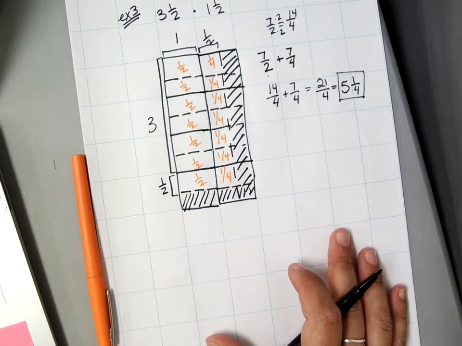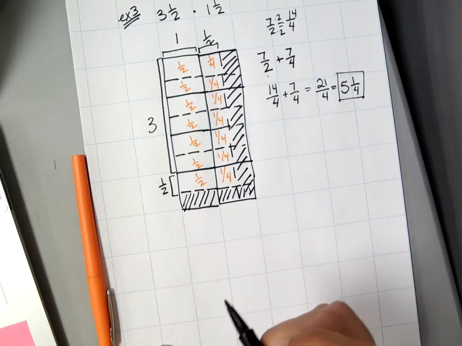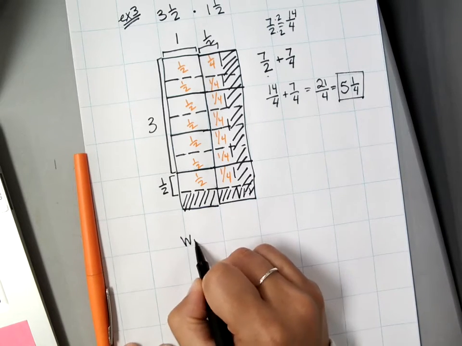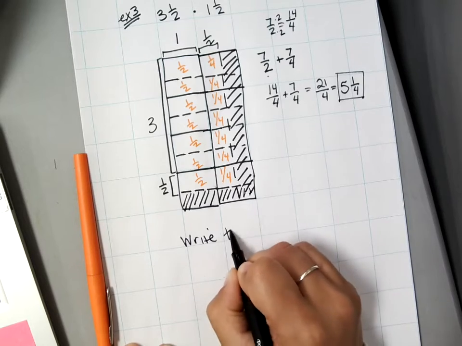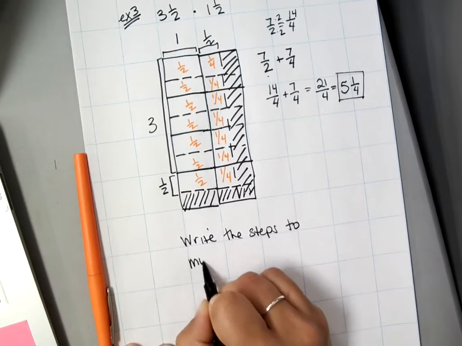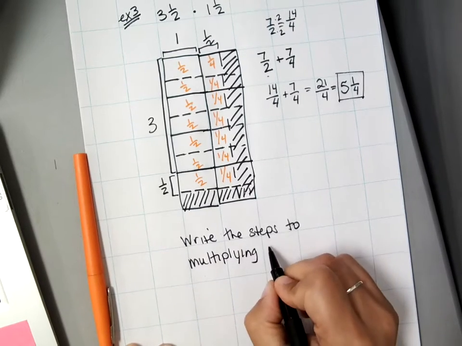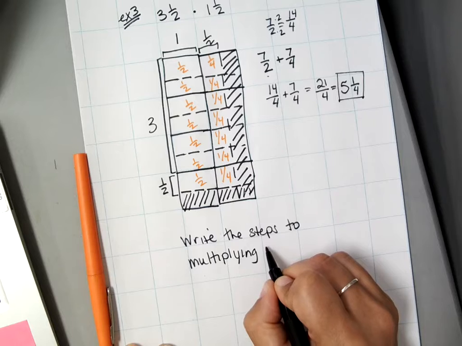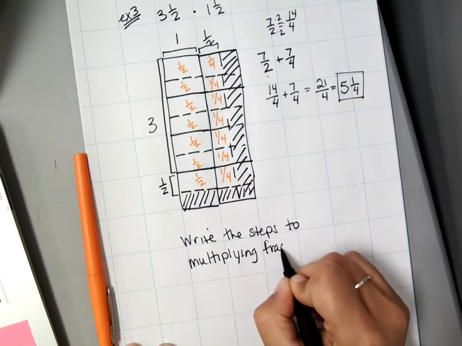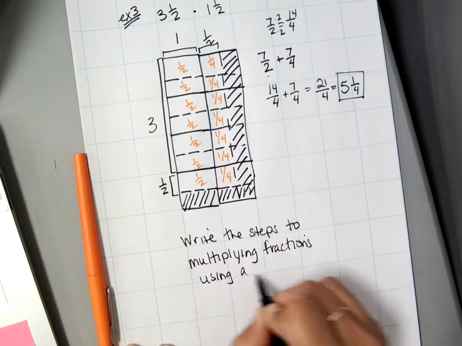On Schoology should be your classwork and homework for the day. Before you start that, just as we did yesterday, I want you to write the steps to multiplying fractions using a model.